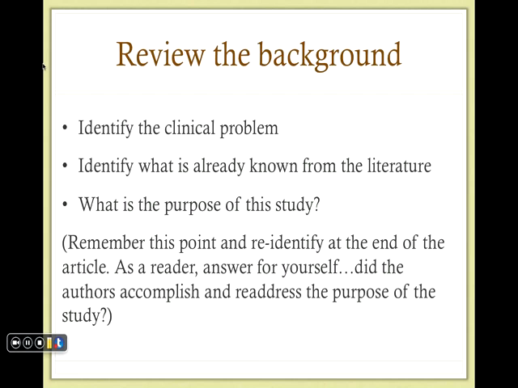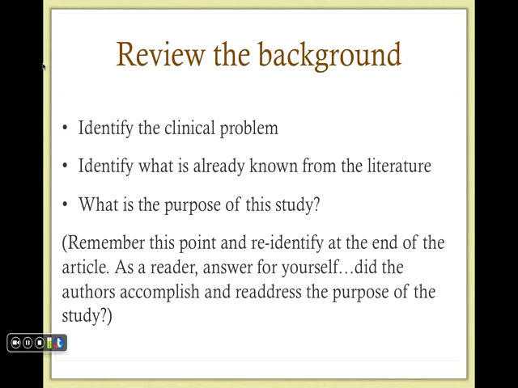The first section of this article, as well as any research article, is usually a background statement. Search of the literature to say, okay, that there's a clinical problem here, and from that clinical problem, we're going to investigate a piece of that problem. So the clinical problem here is multifold.